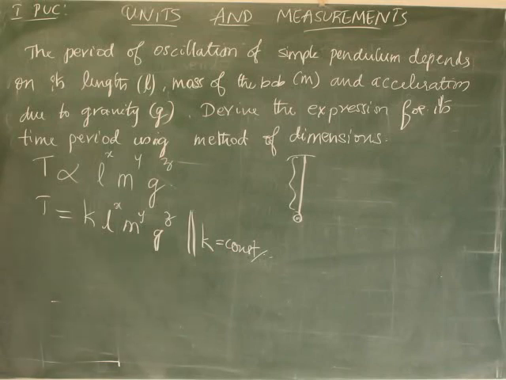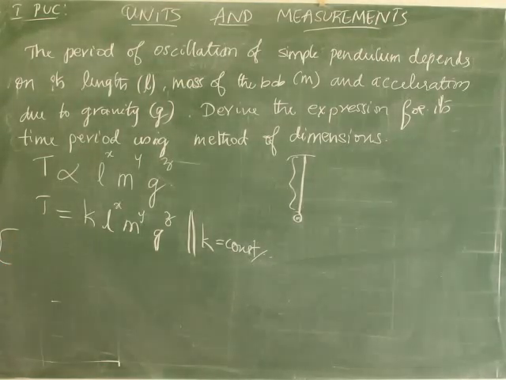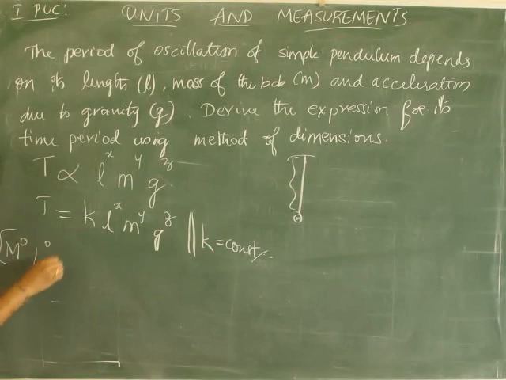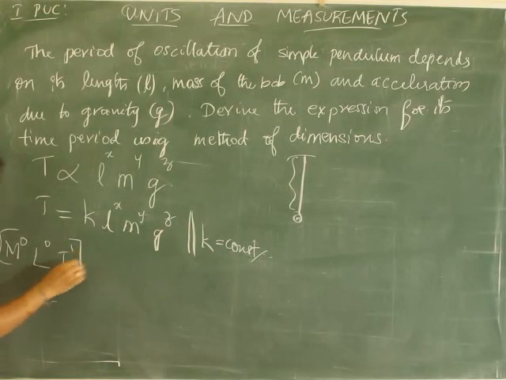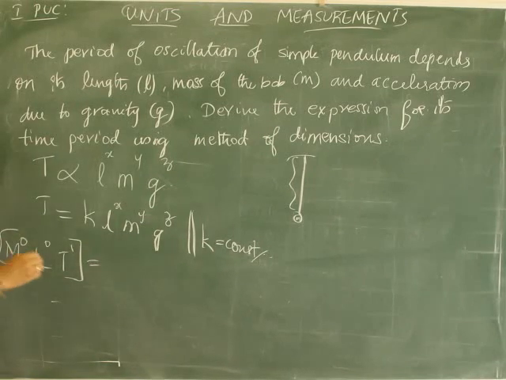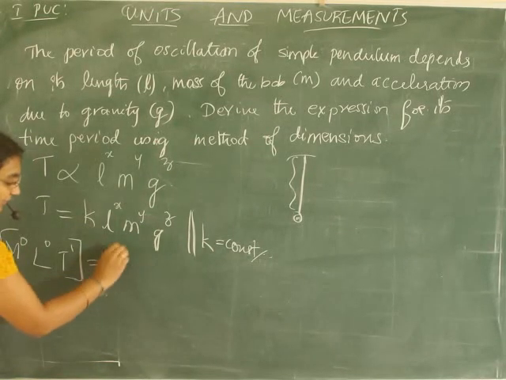Okay. Now, for time period, how do we write in terms of dimension? M to the power 0, L to the power 0, time to the power 1. Correct? Time to the power 1. K is constant, let it be. We don't know what it is.